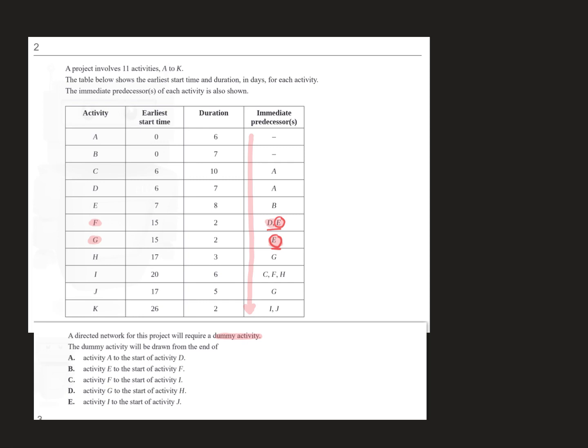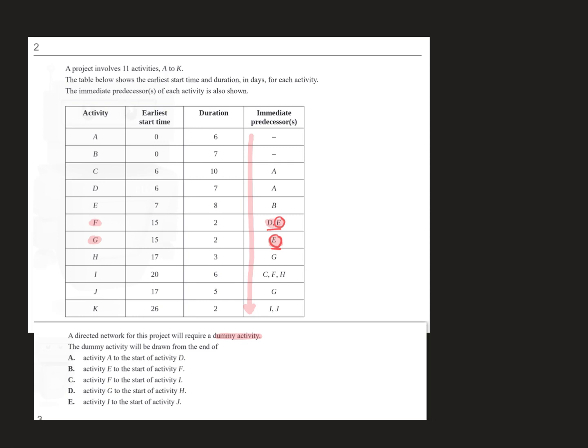So we can probably see that a dummy is going to be required there. We think that's where the dummy is going to be, but it's generally better that we try and draw it.